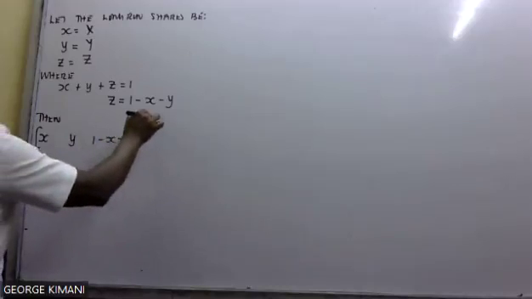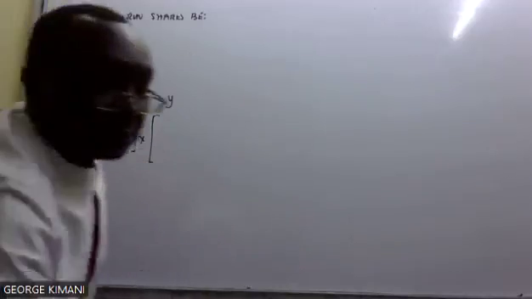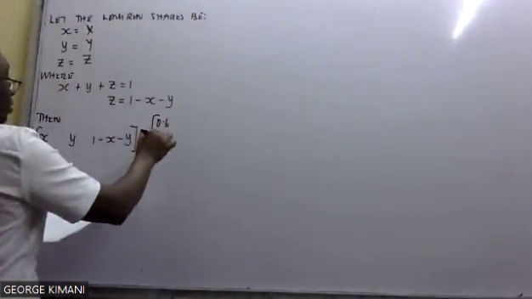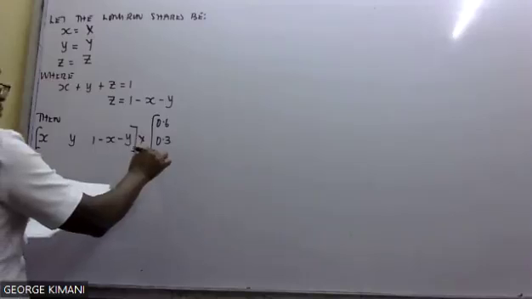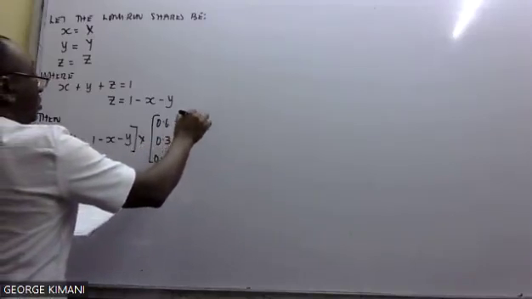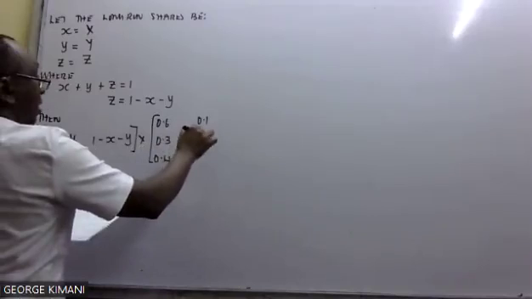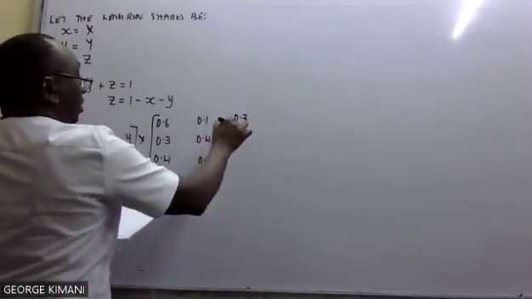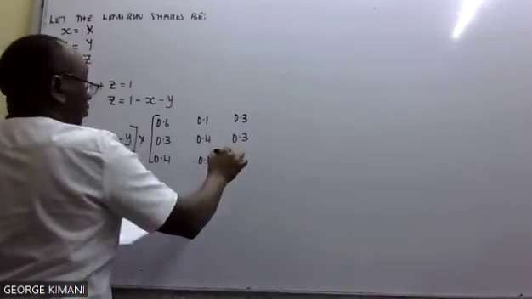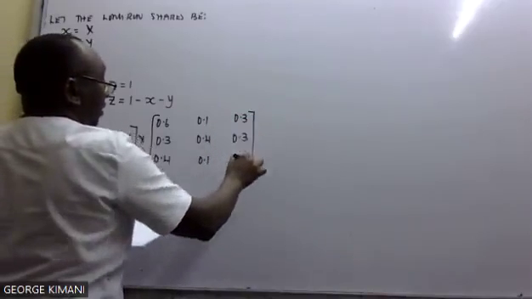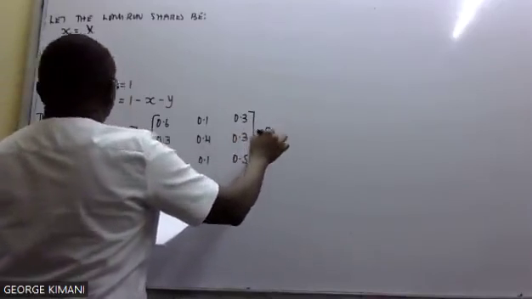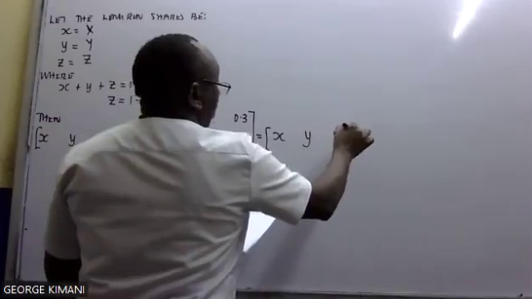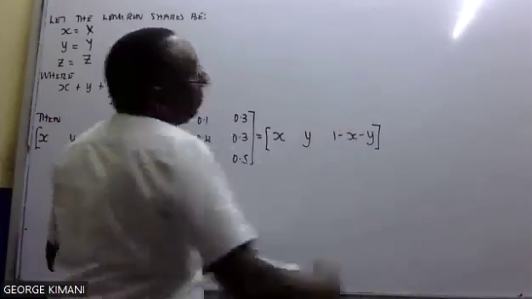You multiply by the transition matrix. So the transition matrix is 0.6, 0.3, 0.1, 0.4, 0.1, 0.5, 0.3, 0.3, 0.4, which is equal to x, y, 1 minus x minus y.